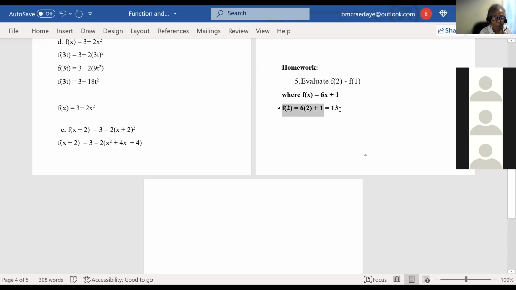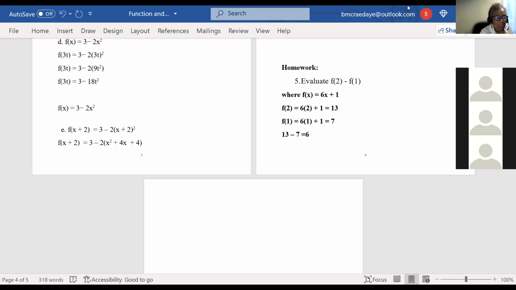Let's just copy this and put our 1 in. So f of 1, wherever we see an x, we want to put a 1. So that would be 6 times 1 plus 1, 7. So our answer, we just subtract those. 13 minus 7 equals 6. That's our answer. Okay.